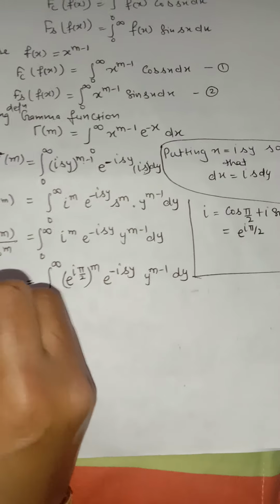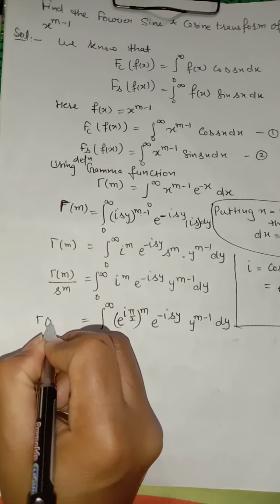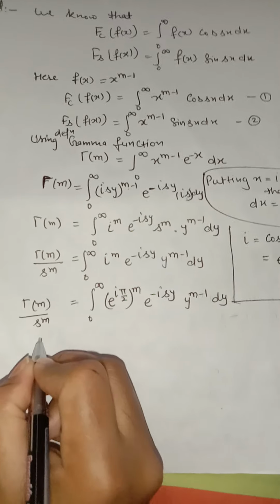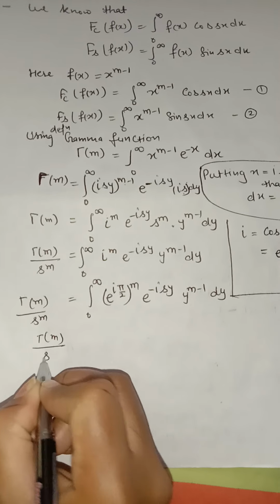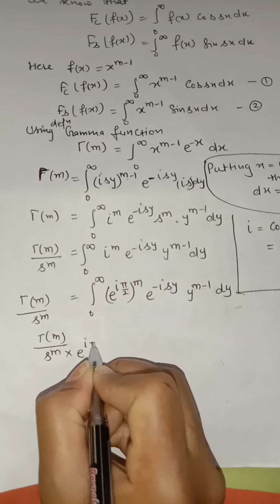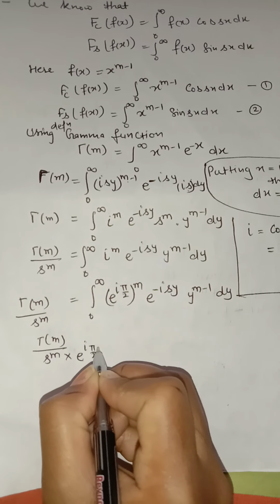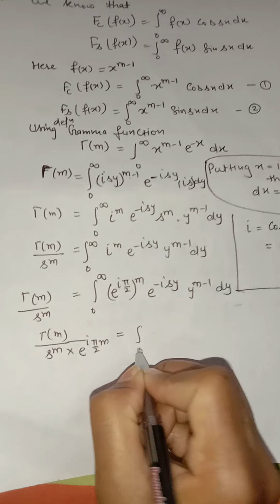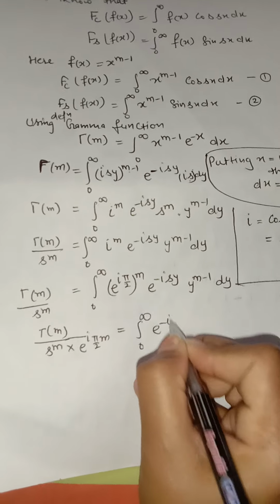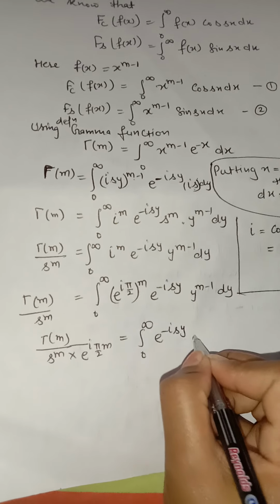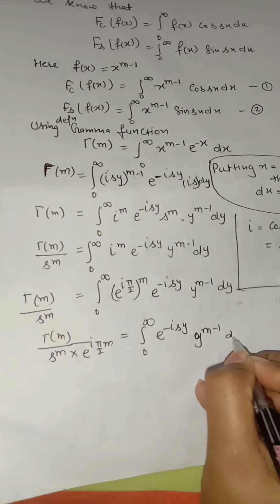Now left hand side is gamma m upon s raised to power m. Now taking the value of e raised to power iota pi by 2 m to the left side as division, and right hand side is integral 0 to infinity e raised to power minus iota sy y raised to power m minus 1 dy.